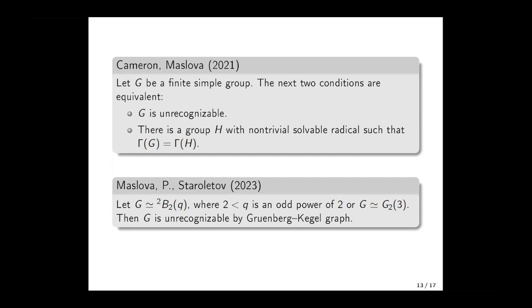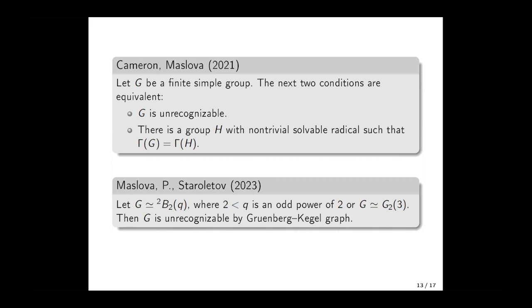their prime graphs coincide. And using this result, we prove that if G is a Suzuki group or G is isomorphic to G23, then G is unrecognizable. For example, when G is isomorphic to a Suzuki group, there is a result by Guralnik and Tiep.